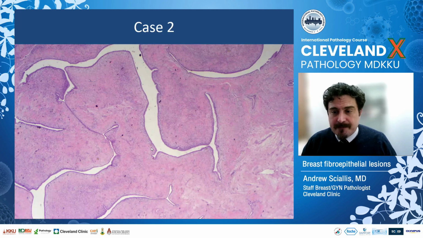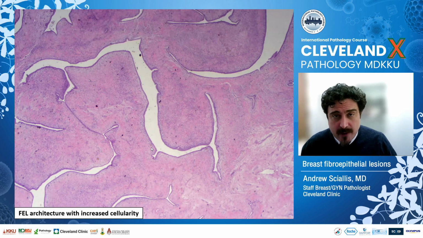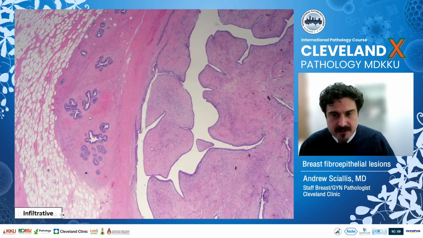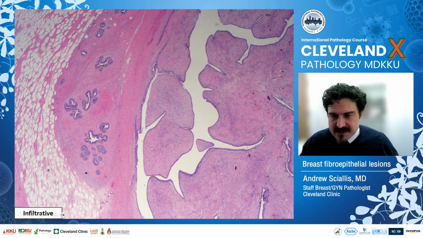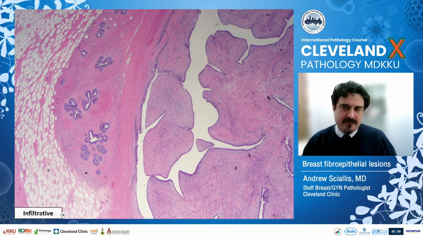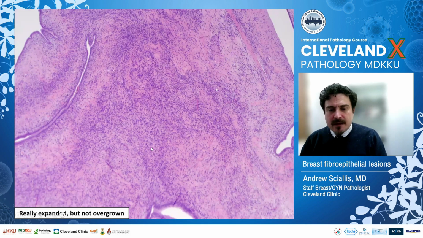Here's another example. We have a fibroepithelial architecture, so we can tell it's a fibroepithelial lesion, but it does have some areas of increased cellularity. It's infiltrative. It doesn't have a very sharp interface between the background breast tissue and the fibroepithelial lesion. It has this kind of funny loss of circumscription, that nodular infiltrative growth that we've seen.